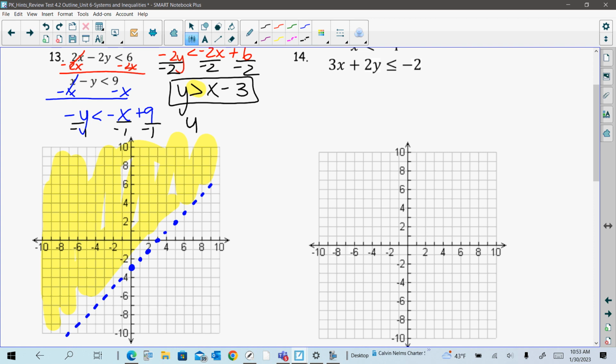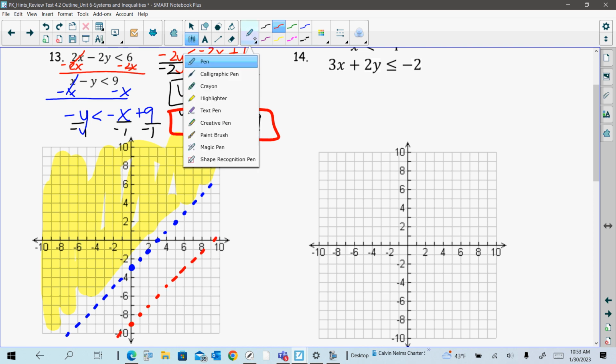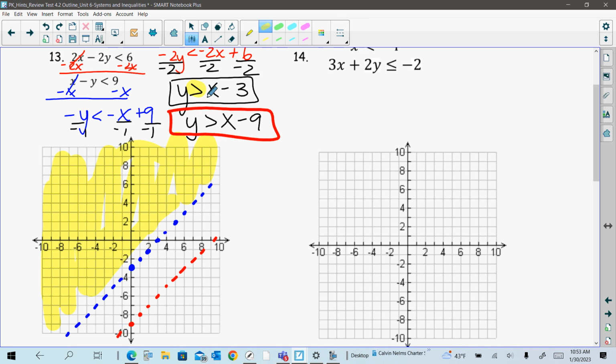And again, we're going to flip the sign, so it's going to be greater than x minus 9. This is our second equation here. We start on -9 on the y-axis. It has the same slope, so it is a dotted or dashed line. And again, it is greater than, so we shade above.